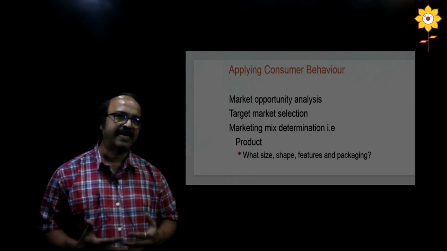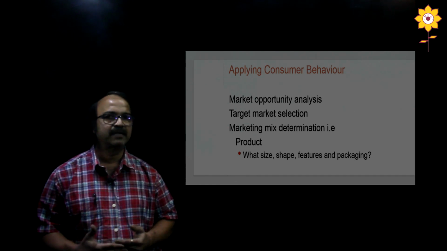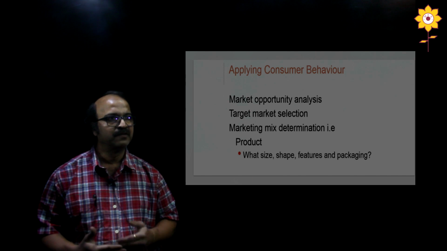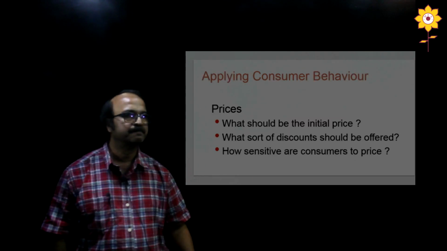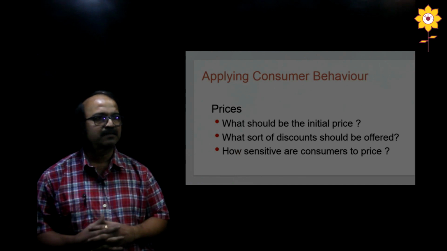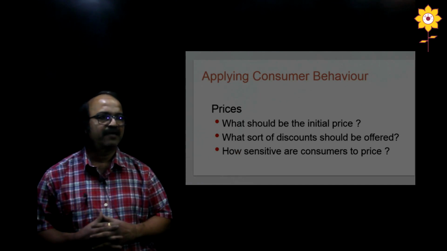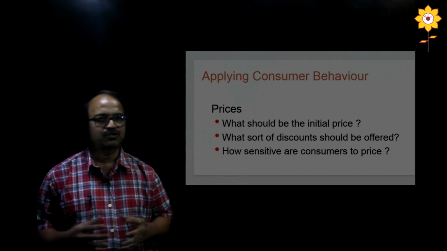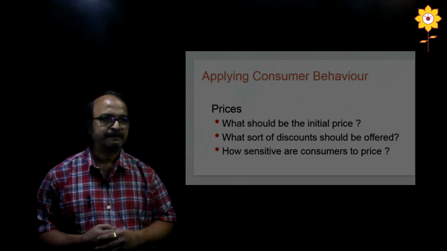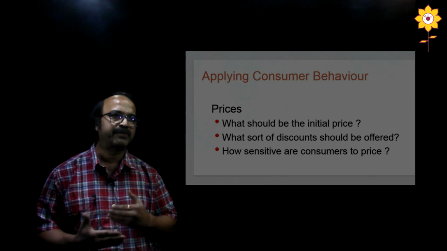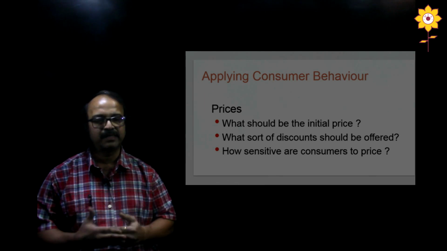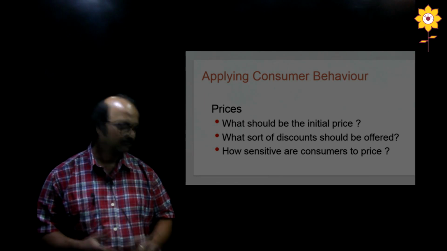The company has to decide what size, shape, features, and packaging to introduce to consumers. When it looks at price, the company has to decide what the initial price should be, what sort of discounts to offer, and how sensitive consumers are to price. These three aspects in price, the company has to work out.